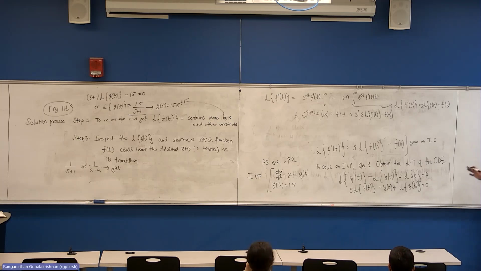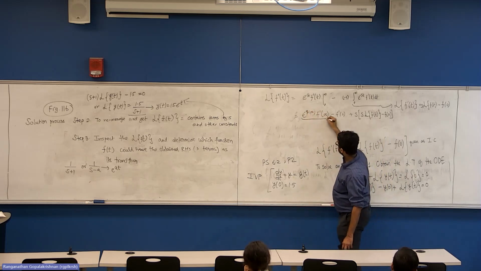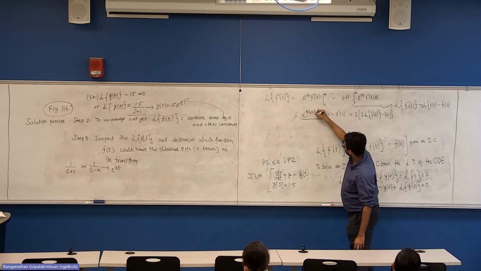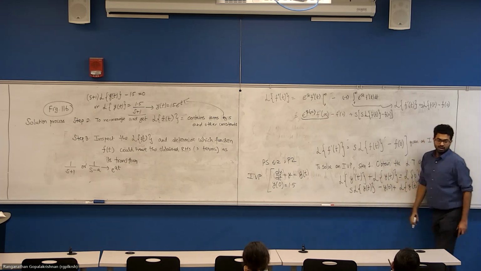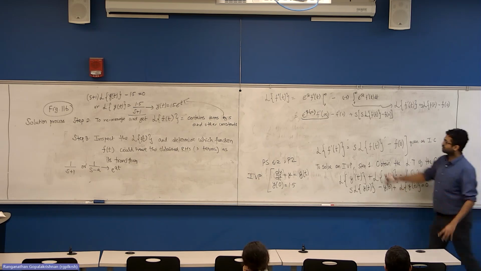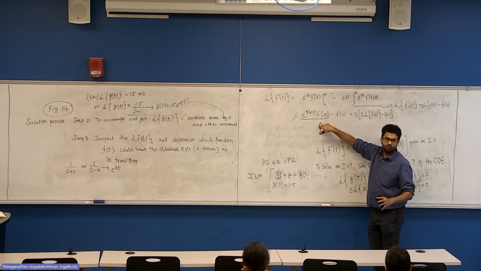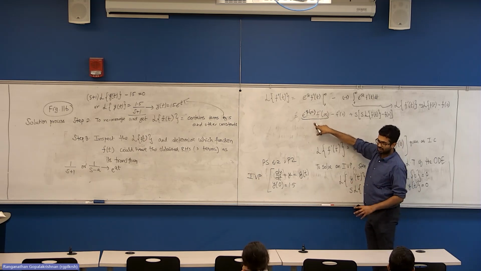We know what we are going to do, but you reason with me. What is the implicit assumption made here, just like we did before for f of t? This function f, which happens to be f dash of t, grows slower than the rate at which e power minus st decays.